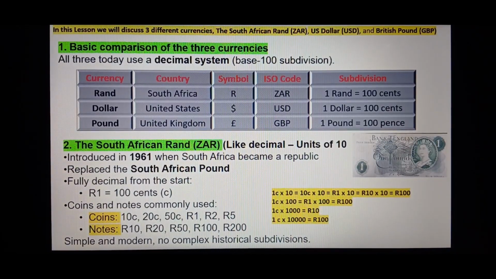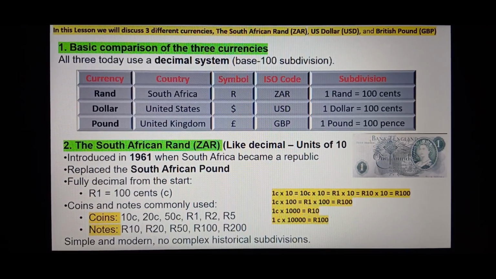So in this lesson, we will discuss 3 different currencies: the South African rand, the US dollar, and the British pound. A basic comparison of the 3 currencies. All 3 today use the decimal system. So the rand, you can see its symbol is R, and 1 rand is equal to 100 cents.